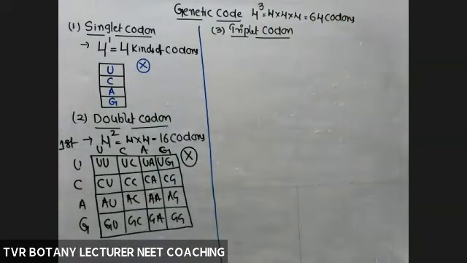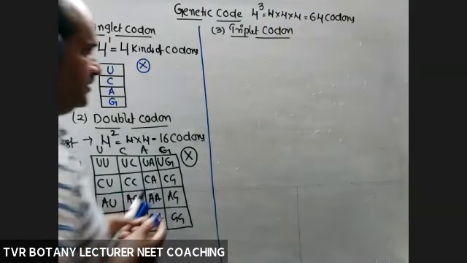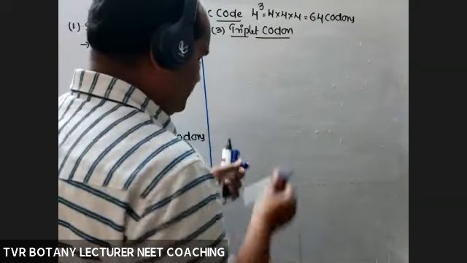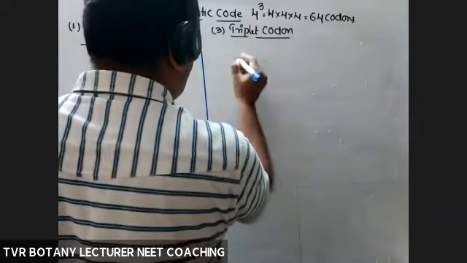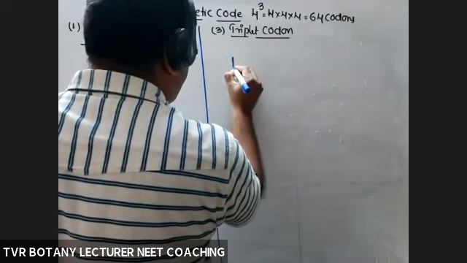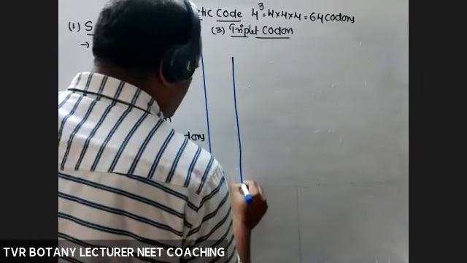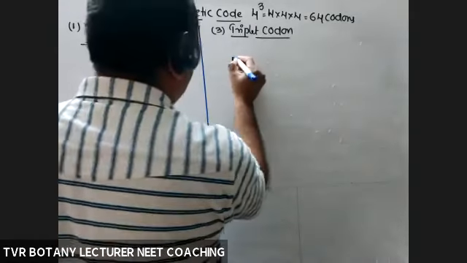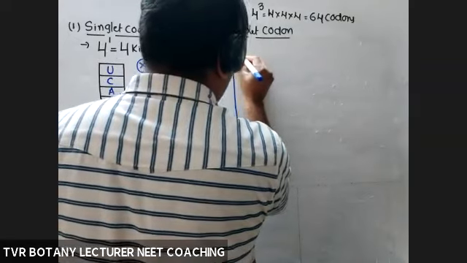Nowadays, we are following the triplet codon concept. So according to this triplet codon concept, what about the genetic code? Here also take 16 boxes.